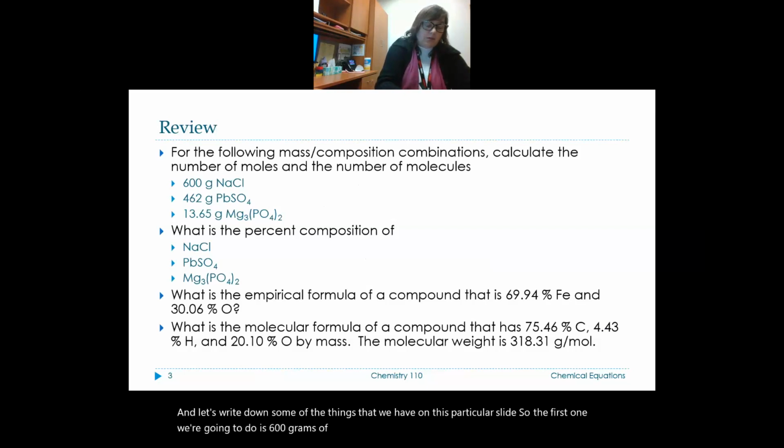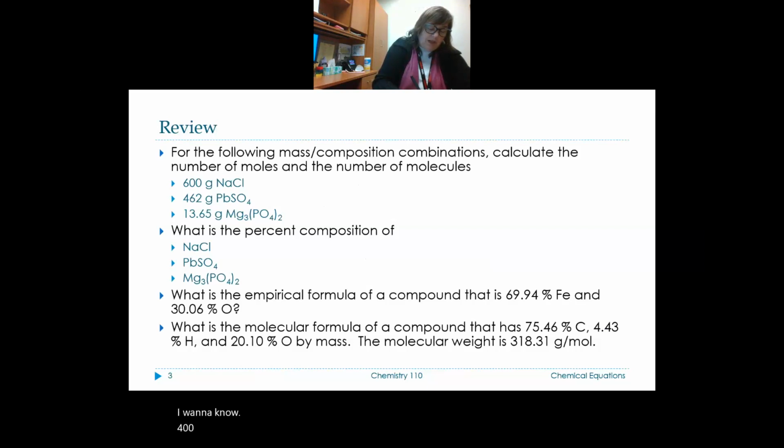I want to know number of moles, number of molecules. I want to know 462 grams of PbSO4, and then 13.65 grams of Mg3PO4.